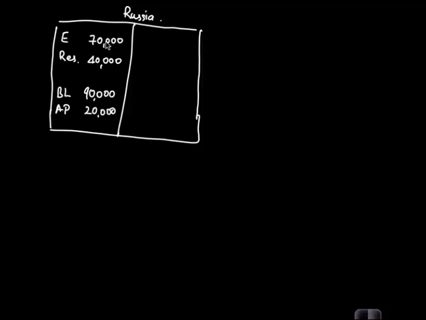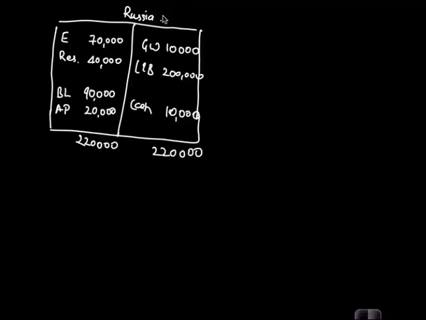So this side total is 110 to 120. On the asset side, we have goodwill 10,000, land and building 200,000, and cash 110,000. So again, total 220,000. This was the balance sheet, in Russian rubles.